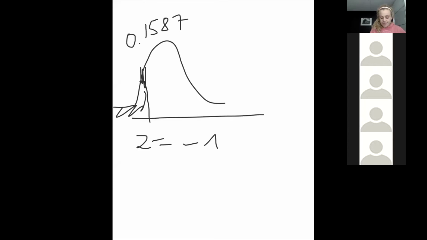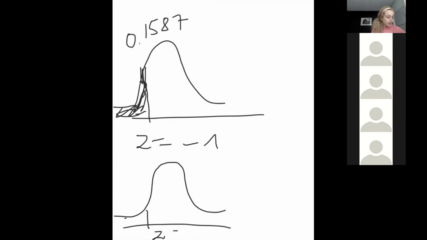It was stated first. And then you know that here, where the critical value was -2.5, it was equal to 0.0062.